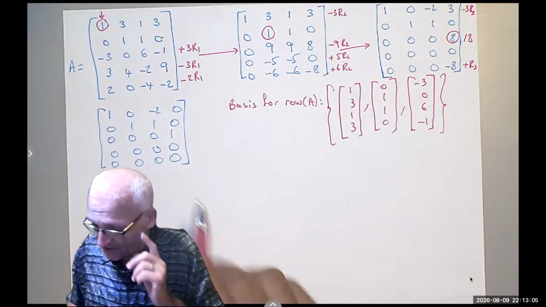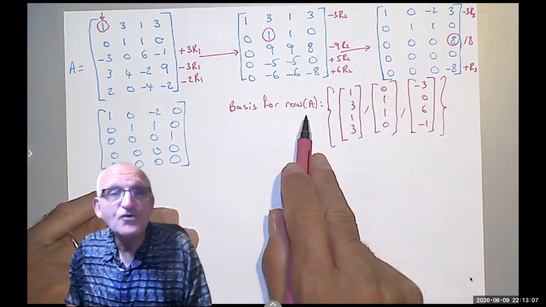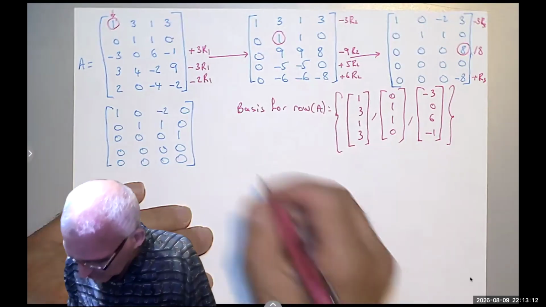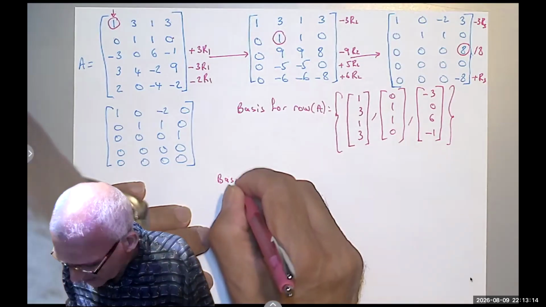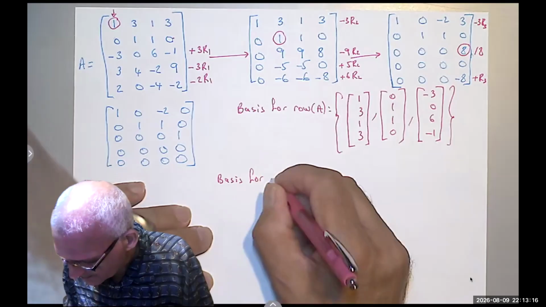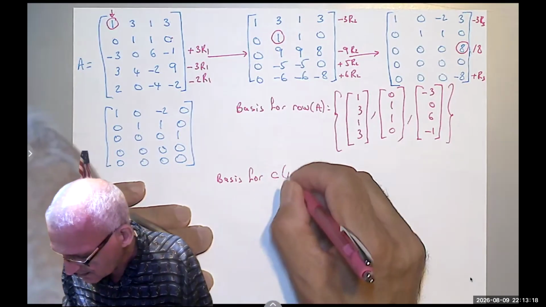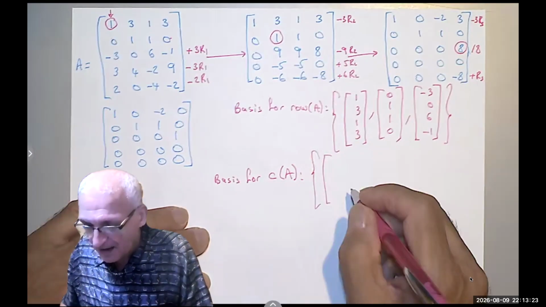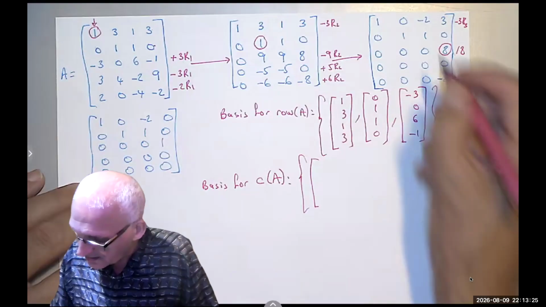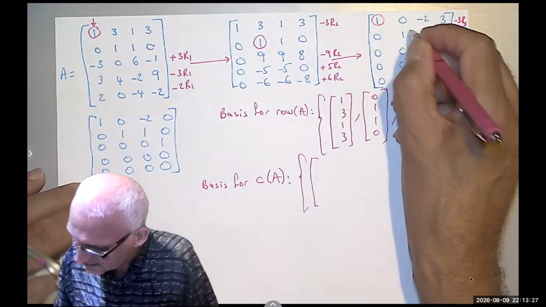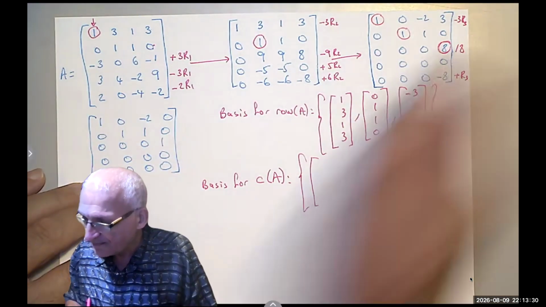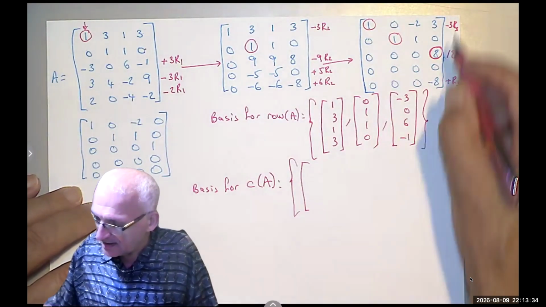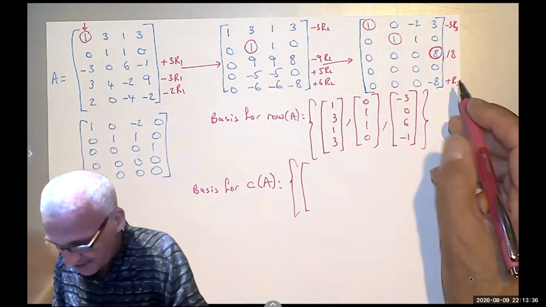Our issue is to say if this is the basis for the row of A, I can think that also I can find the basis for the columns of A. And notice, here are the pivots. First column, second column, and fourth column.